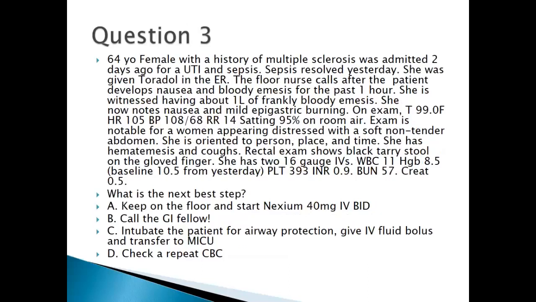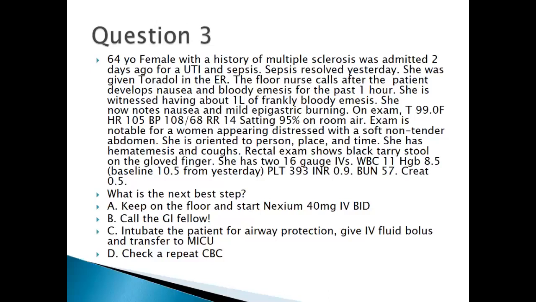A female with a history of multiple sclerosis was admitted 2 days ago for a UTI with sepsis that resolved yesterday. She was given Toradol in the ER. GI is called after the patient developed nausea and bloody emesis for the past 1 hour. She is witnessed having about 1 liter of frankly bloody emesis. She now notes nausea and mild epigastric burning. On exam, temp 99 Fahrenheit, heart rate 105, BP 108 over 68, oxygen saturation 95% on room air.